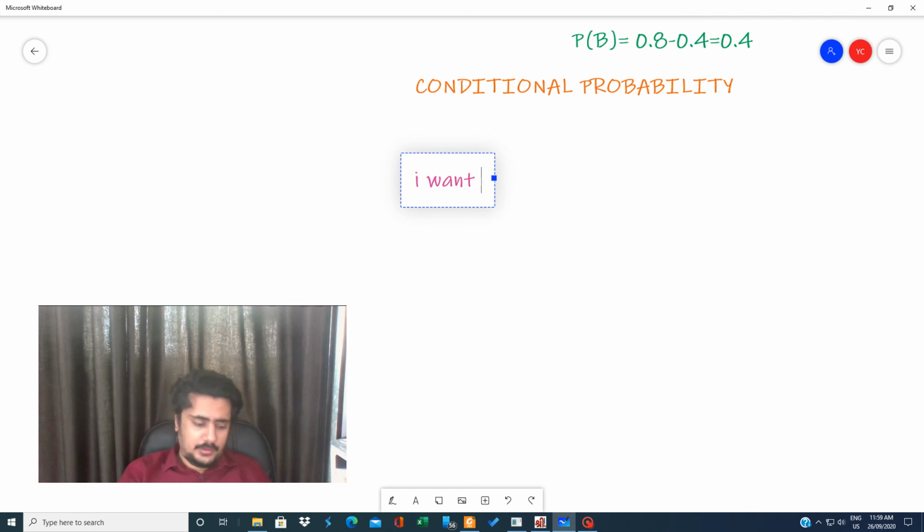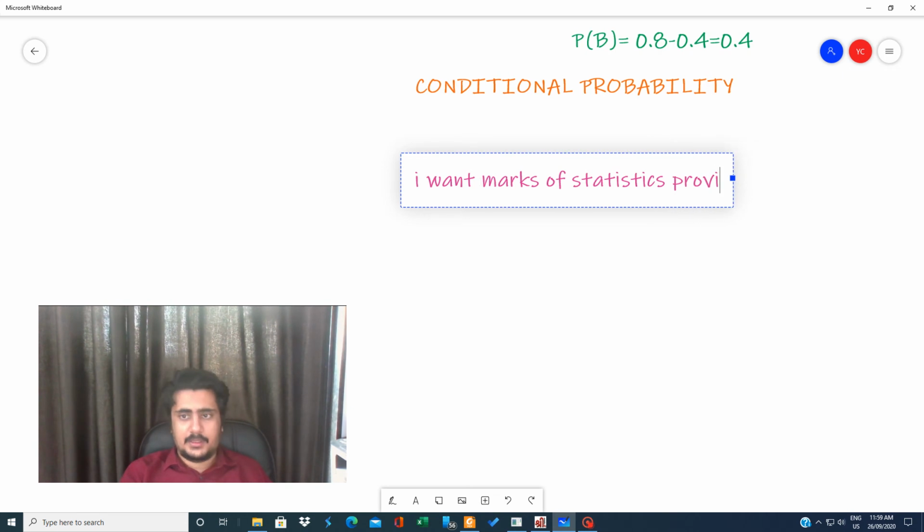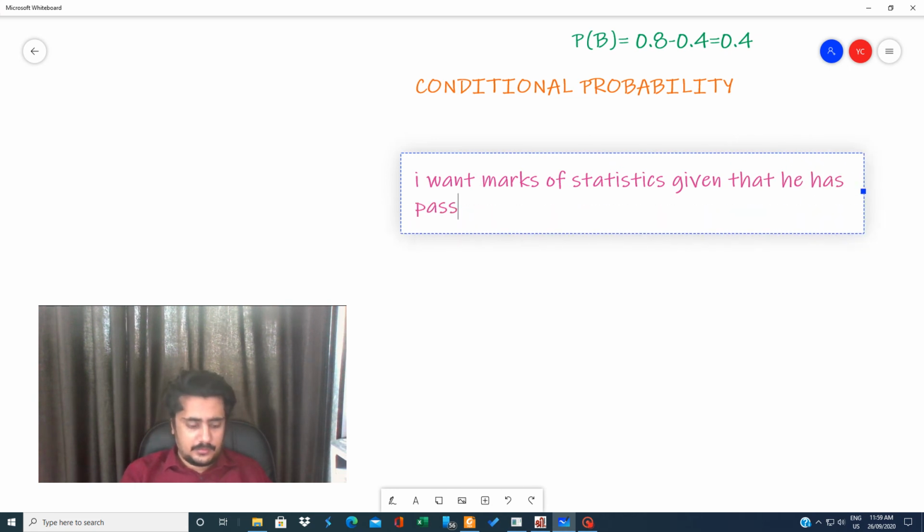I want marks of states, provided, or you can say given that he has passed in accounts.